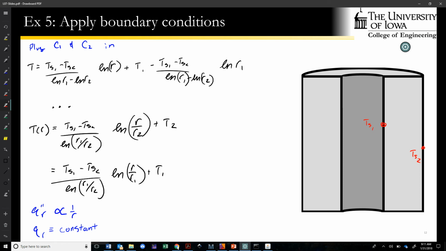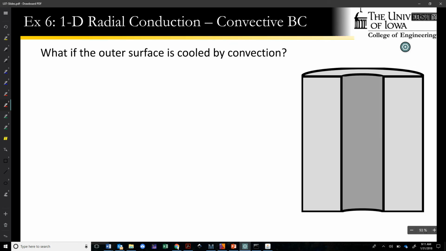If we wanted to swap out that temperature boundary condition at the exterior surface for a convective one, then once again we're going to have the same general solution: C1 ln of R1 plus C2 is equal to TS1. We're going to have C1 ln of R2 plus C2 is equal to TS2, but we don't actually know what TS2 is in that case.